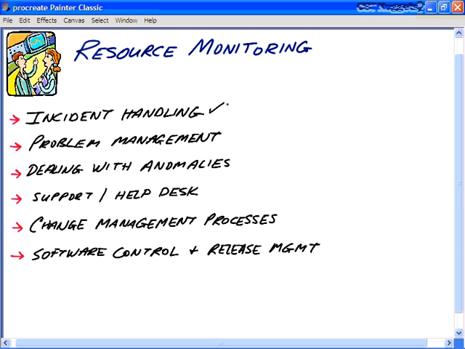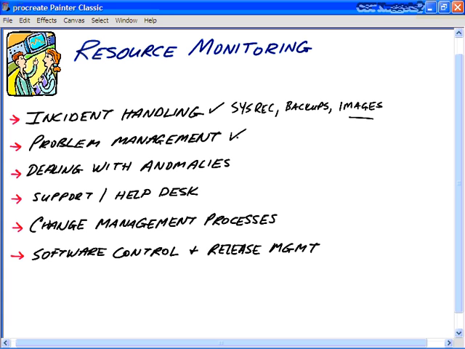Now, we're going to talk about disaster recovery later on in this Nugget series, but as part of resource monitoring, you want to make sure that you have methods in place to handle catastrophic failure of your computer devices, which means having system recovery, backup programs, even possibly stored images of the operating systems and applications stored up on servers. You also need some investigative process to provide an in-depth analysis when you have problems.